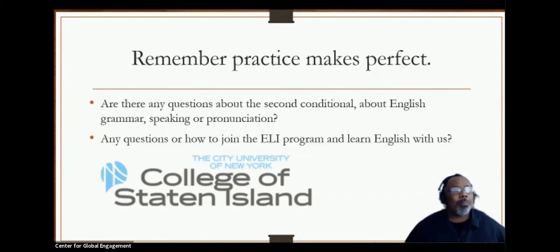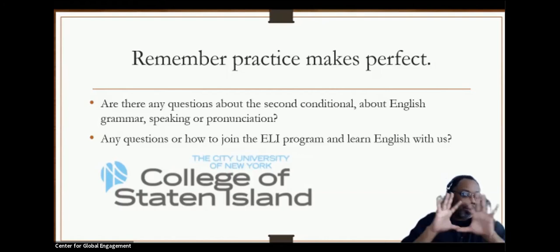Anyone from Peru, Brazil, Mexico, Japan, Korea, Amsterdam, New Zealand? Yeah, why not? All right. So, any questions you have about learning English, about pronunciation, about the second conditional, and any question you have about actually joining us in the ELI program, now is the time to shine. And that's about it. Let's lock and load.